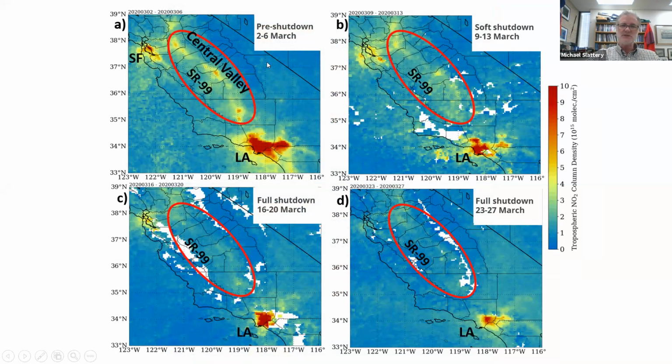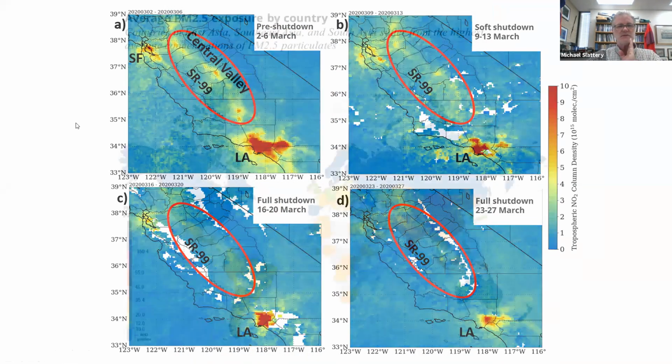I thought I'd just include this. This is pre-shutdown. Here's LA. This is all pollutant concentrations, aerosols. So here's LA pre-shutdown, Central Valley. Here's the full shutdown, right? In the Central Valley, you can see how air quality in LA dramatically improves as a result of that. That's all nitrogen dioxide concentration. I don't know if that addressed your question, Keegan.